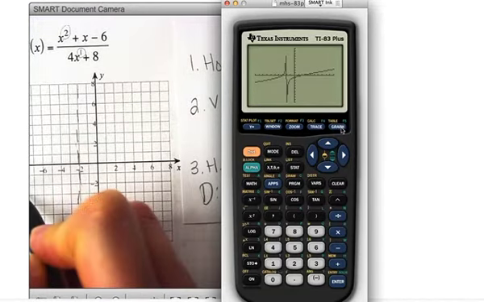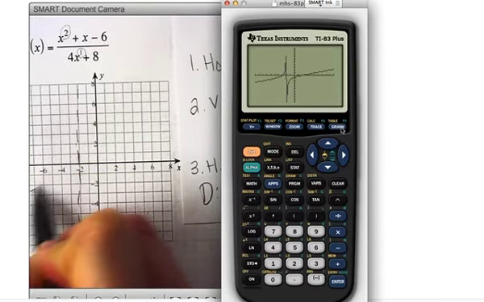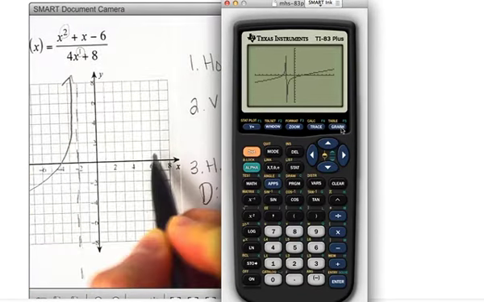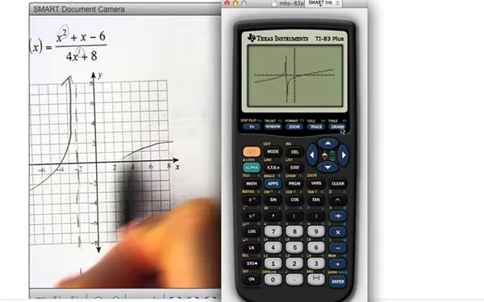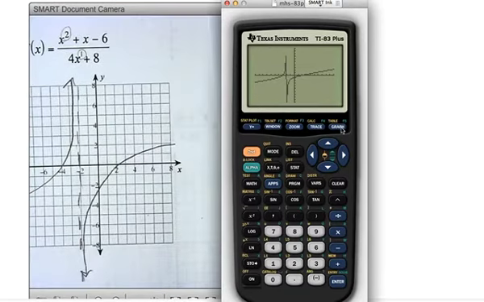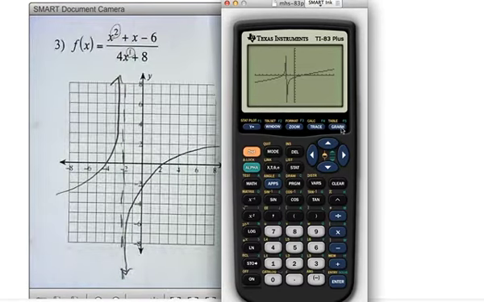Honestly, just give me a good sketch. It does not have to be perfect. I just want to know that you know that there's no horizontal in that one and that there is a vertical. Do I have any holes in that one? No. Can someone tell me the range in that one?